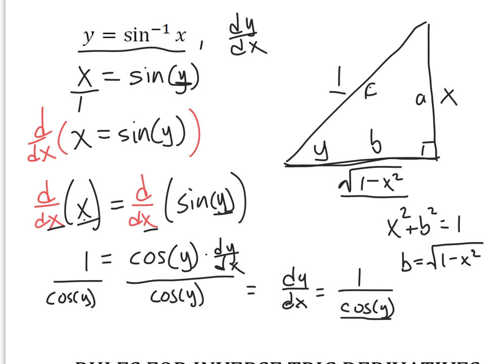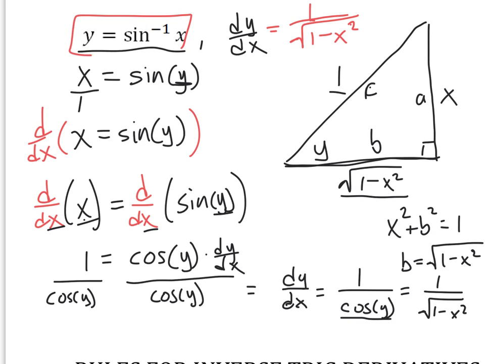So cosine of y gives me the square root of 1 minus x squared over 1, and so my derivative is going to be 1 over the square root of 1 minus x squared. So that's the derivative of this. We can derive these, and we end up getting a formula for that.